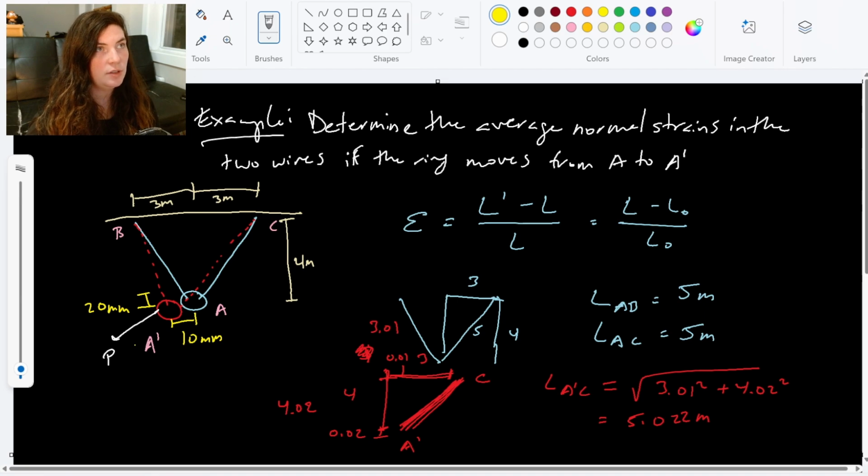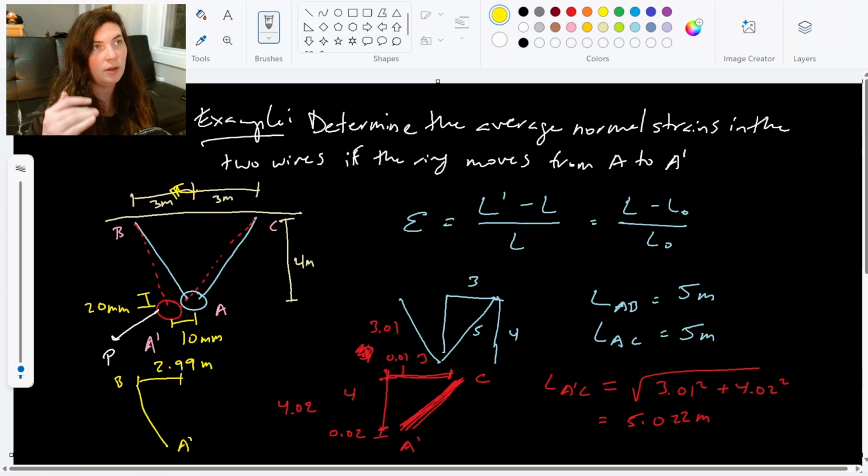And then I would need to do the same thing with B A prime. So here's A prime, here's B. My X distance is now being moved in closer to that 3. So it'll be that 3 meters minus the 10 millimeters, right? It's being moved in this way by 10 millimeters. So this is going to be 2.99 meters.